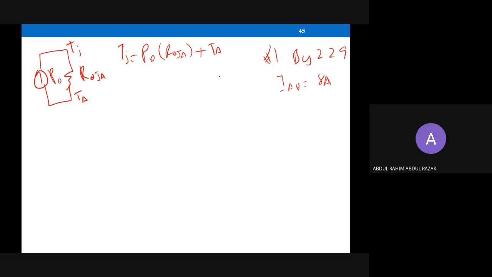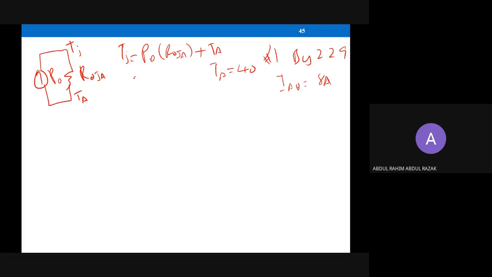Maybe if you're going to use it in the cockpit of an electric vehicle, the ambient temperature will be quite high, up to 40 degrees C. Or maybe in an operating room it can be 35 or 30 degrees C. And it is impossible for you to maintain the operating condition at room temperature, 25 or 27. So assume TA now as 40, let's say. So your TA is 40.